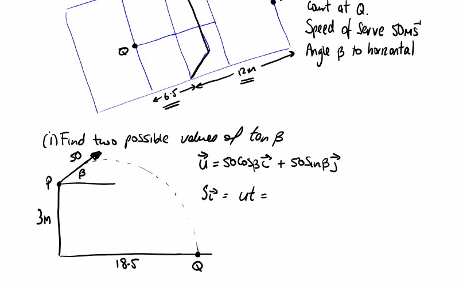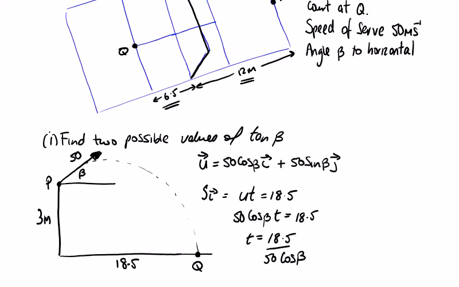So that's equal to 18.5, so this will help me get the time it takes to get to Q. So 50 cos beta by T is equal to 18.5. So the time taken to get there is going to be 18.5 over 50 cos beta.